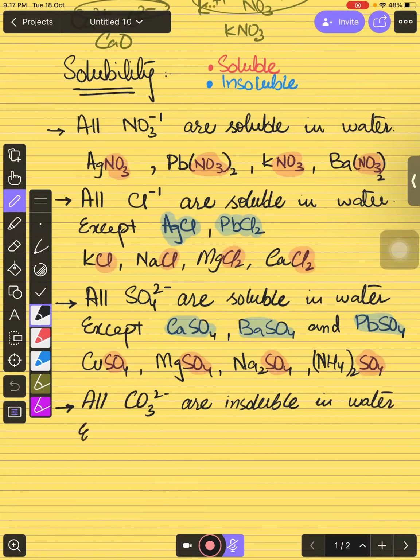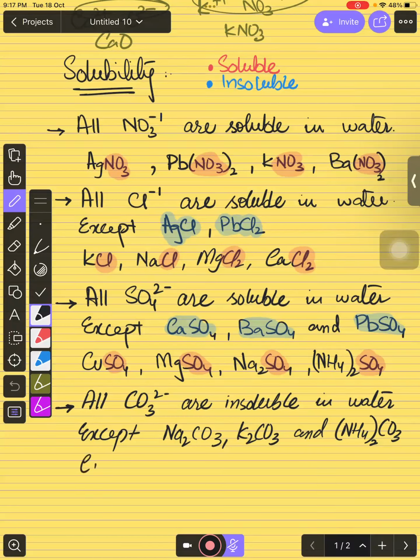And there is the exception of three salts only that are soluble in water, and these are sodium carbonate, potassium carbonate, and ammonium carbonate. Only these three salts of carbonate are soluble, and the rest of all are insoluble.